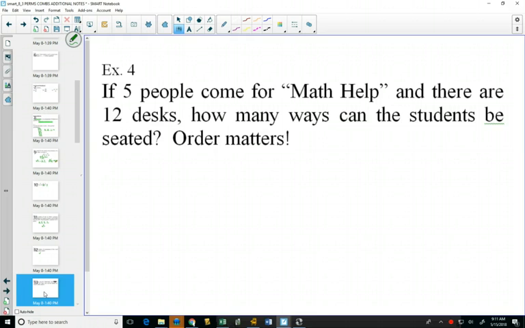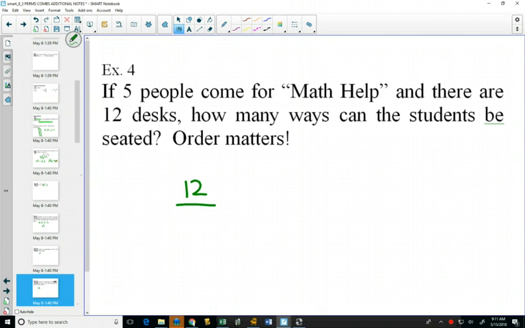Again, with the spaces strategy, you have to think, what does a space represent? It represents a decision. What are the decisions being made here? Well, student number 1 comes into class and has a decision where they're going to sit. How many choices does that first student have? 12 choices, because there's 12 desks.